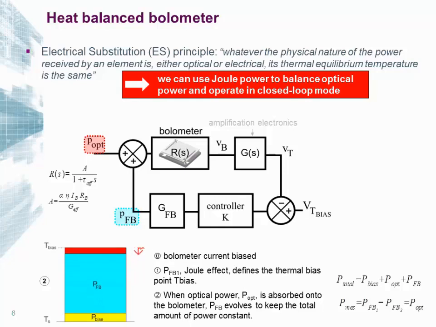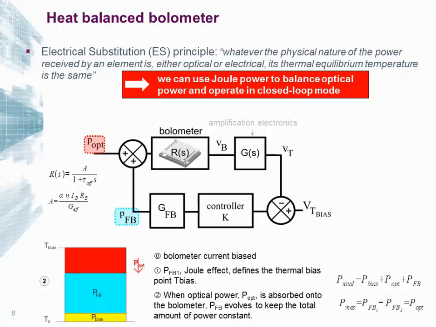So we will use the joule power, so electrical power, to compensate for optical power, using the bolometer in closed loop mode. So here is a bolometer with conventional conditioning electronics, amplification and filtering, and what we add is a feedback path to equilibrate the temperature. And the feedback power will compensate for the incoming optical power.